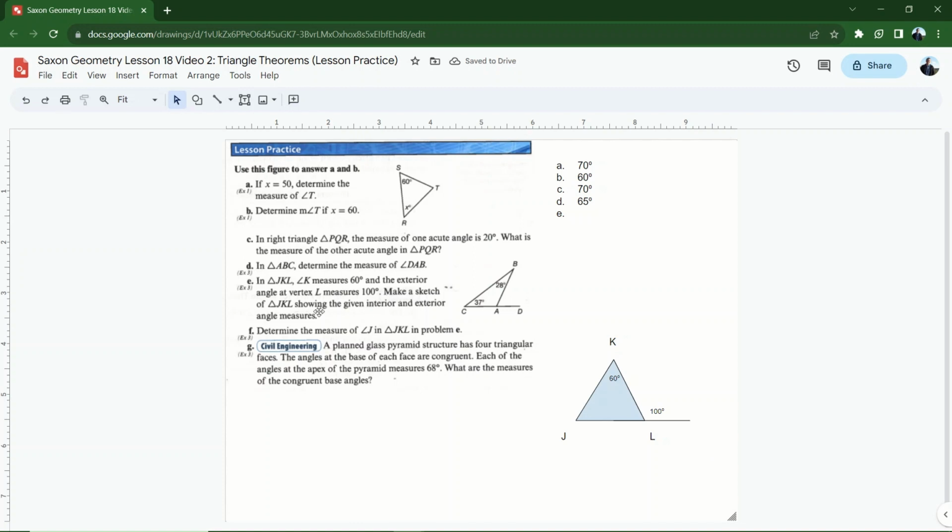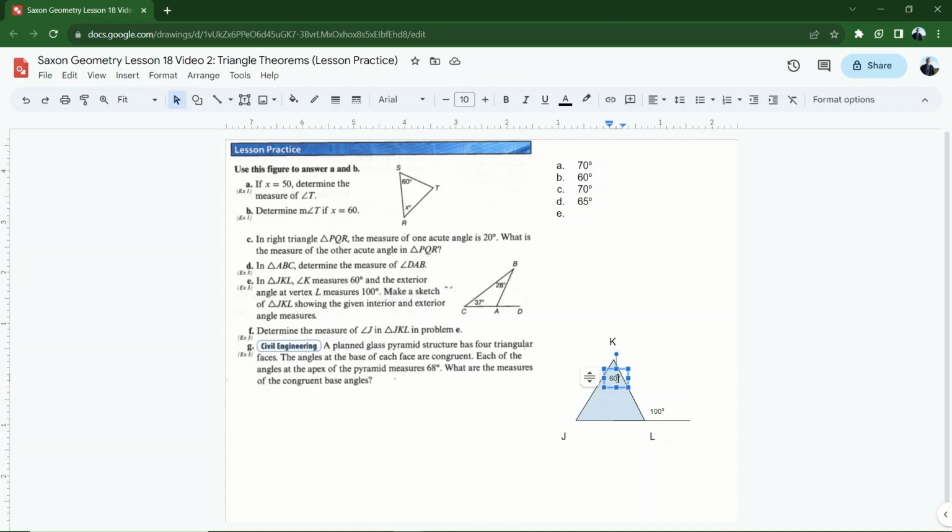Let's see, make a sketch of JKL showing the given interior and exterior angle measures. By the way, what else do I know here? Well, I know that this has to be a 40 degree angle down here because these two have to equal this one. And then my last interior angle of my triangle has to be an 80 degree measure because that brings all of my interior measures to sum up to 180.